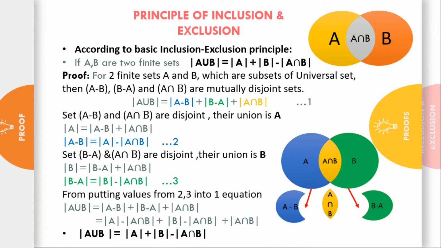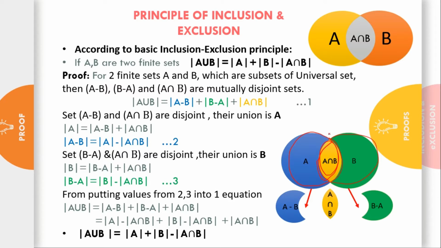How can we prove the basic inclusion and exclusion principle for two finite sets? Let's revise. For two finite sets A and B which are subsets of the universal set, by diagram, A minus B, A intersection B, and B minus A are mutually disjoint, meaning they have no correlation with each other.